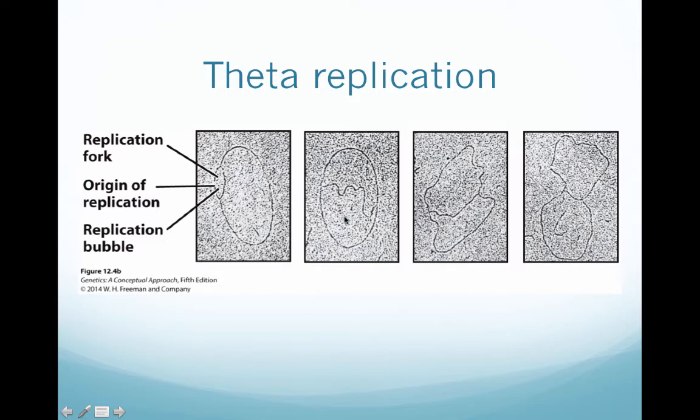So as that theta replication process continues to progress, that replication bubble gets a lot bigger, and eventually we get two newly synthesized pieces of DNA that create two cells. So this again is happening in the S phase.